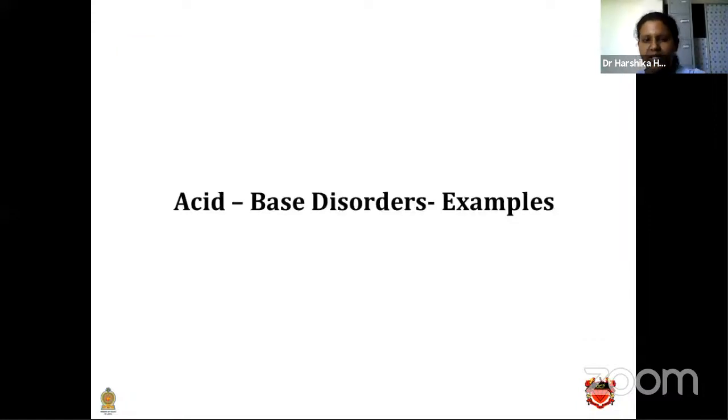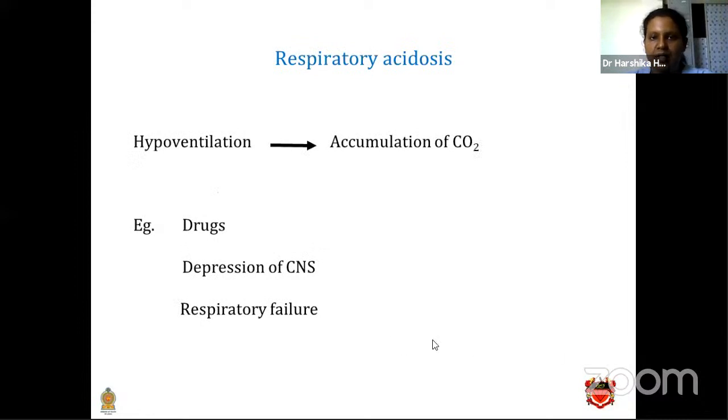Right, let's go through some examples, then you will understand better. If a patient hypoventilates due to effects of drugs like opioids, head injury or respiratory failure, and the respiratory rate is lower than the normal range, the patient will accumulate carbon dioxide.